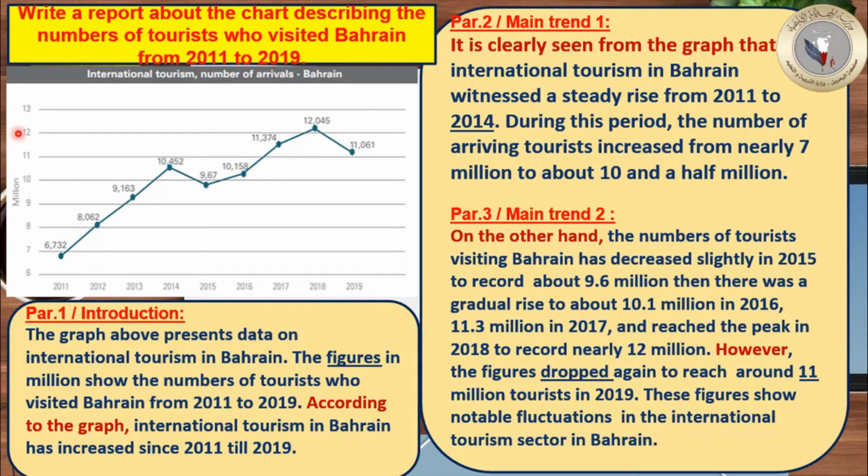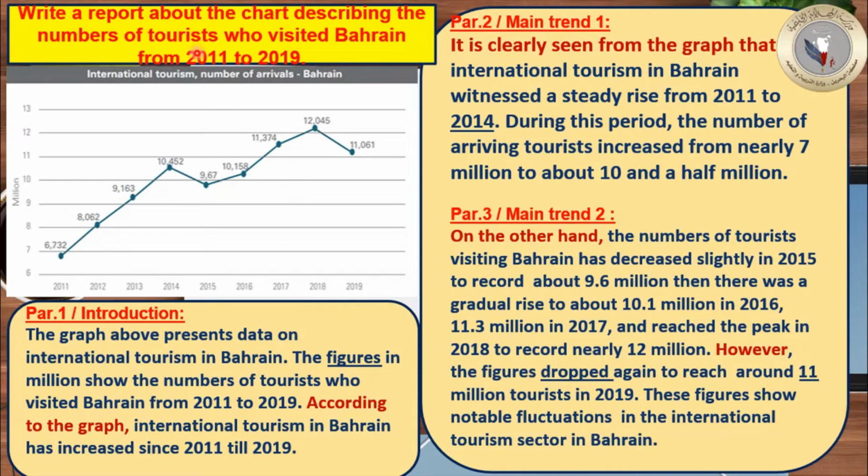Vertical usually refers to numbers or amounts or proportions, and the horizontal axis refers to maybe years, periods of time. Right? Now, as you see, we have 3 paragraphs: the introduction, main trend 1 and main trend 2.